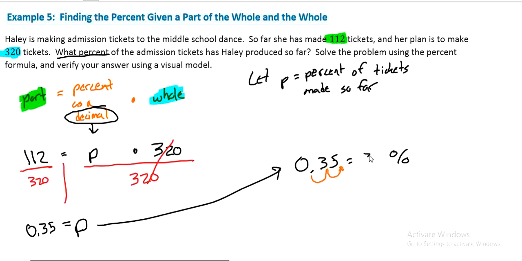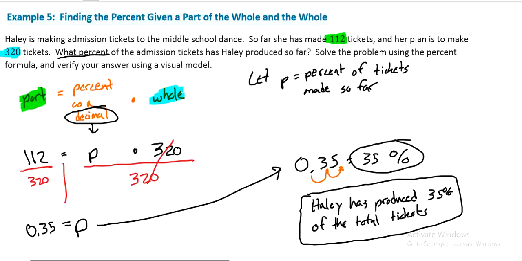So that will be 35. There's an invisible decimal back here, but since there's nothing behind it, that's all we need. So we'll finish up by saying Haley has produced 35% of the total tickets.